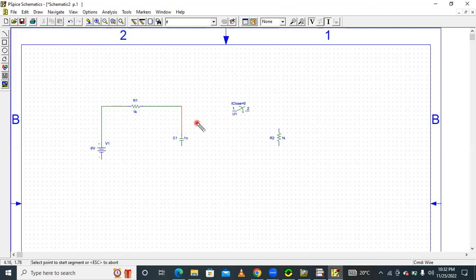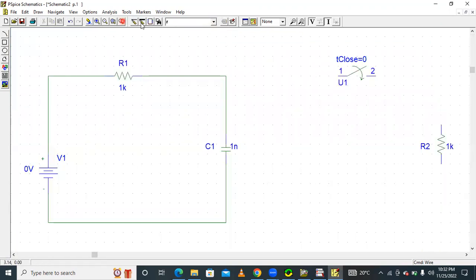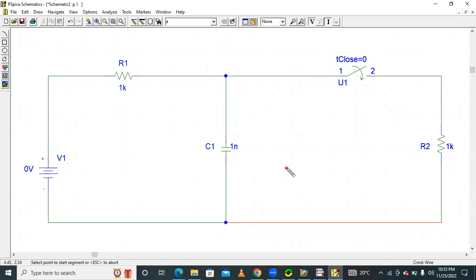Just connect here, then after that we have to connect the switch here, like this, and here to this circuit.